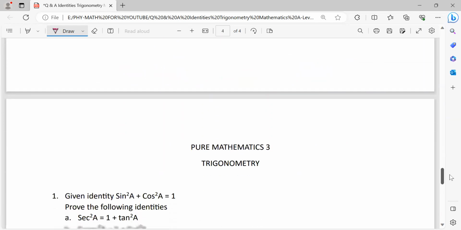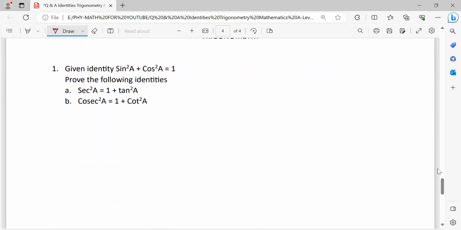Okay. Next, this one. Prove the following identities. Secant squared A equals, that is equivalent.